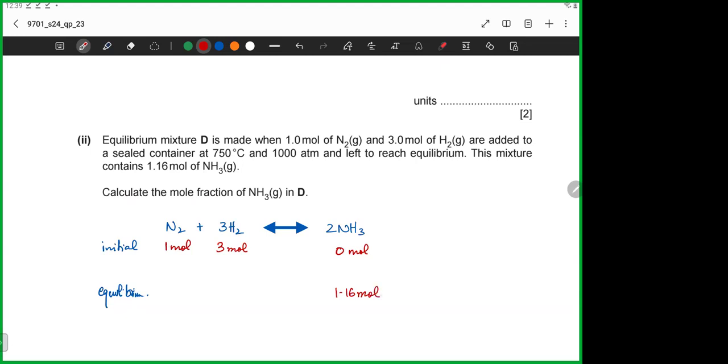So tell me, what are the moles of the rest of the substances?